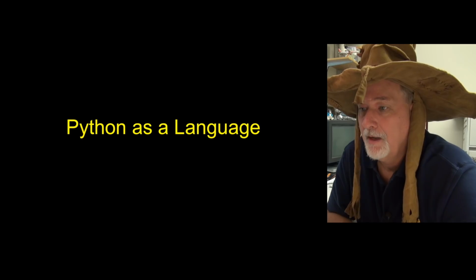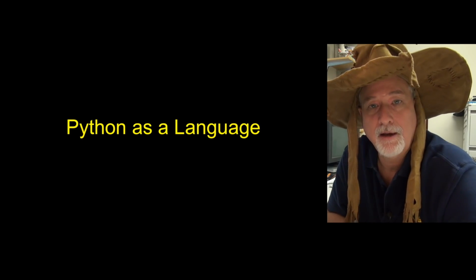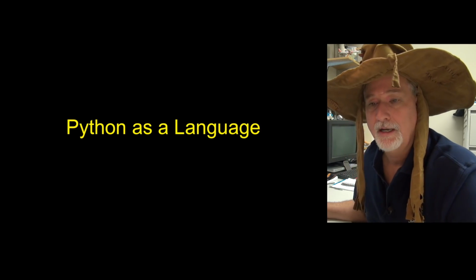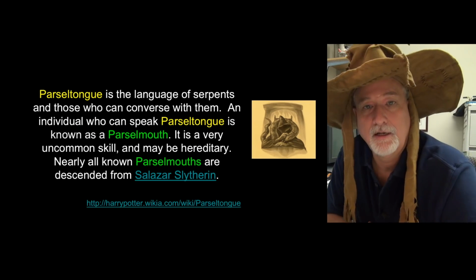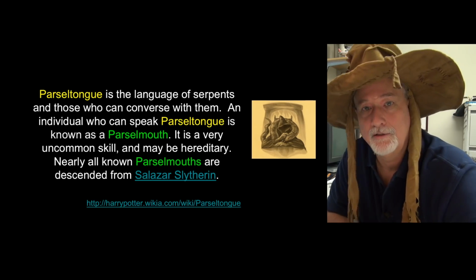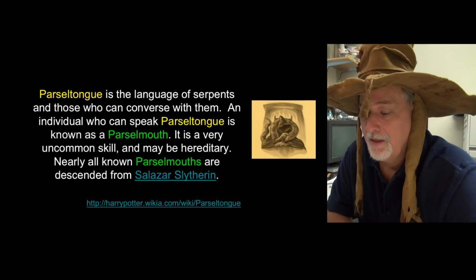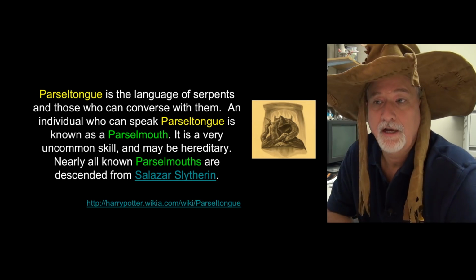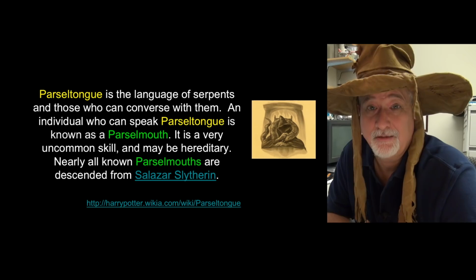The reason that I was sorted by my students into Slytherin is also because I teach Python. And Python is like a snake. If you think about the people from Slytherin, they are capable of talking to snakes.